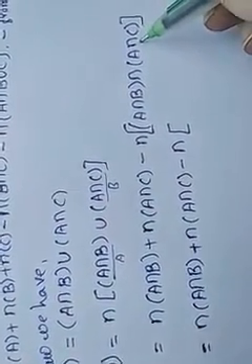Okay, so which gives n of A intersection B plus n of A intersection C minus n of, now here all terms are in terms of intersection and A, B, A, C, so A is repeated twice, so we can write it as A intersection B intersection C. Okay, intersection of all three sets.